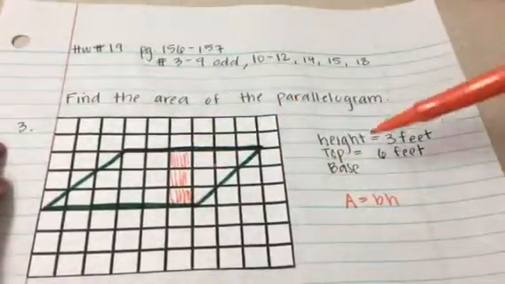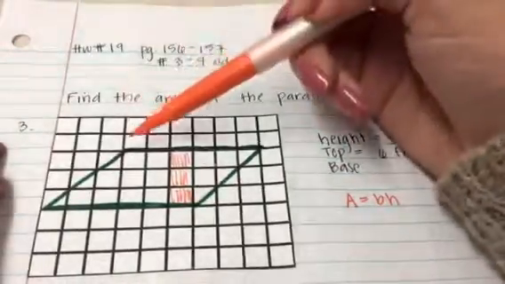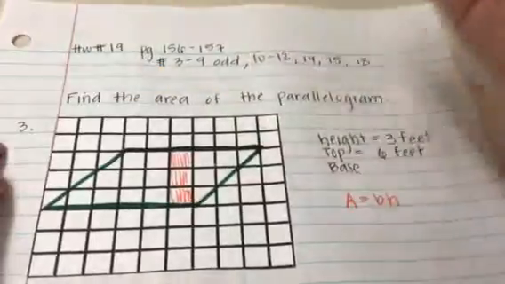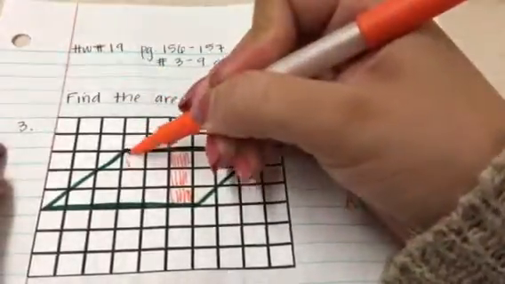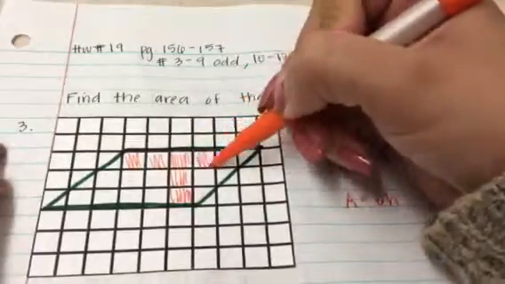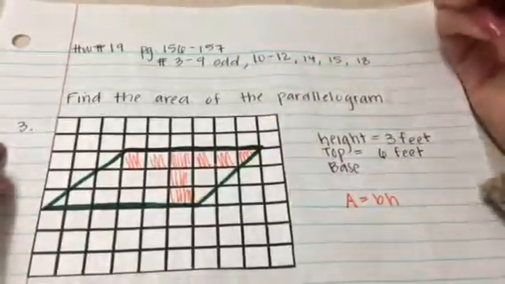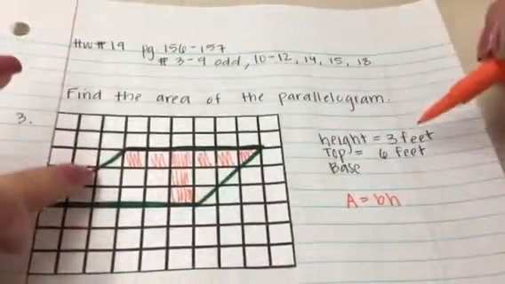So we have that correct. And the top base should be 6 feet. So we should have 1, 2, 3, 4, 5, and 6. So it is 6 feet.